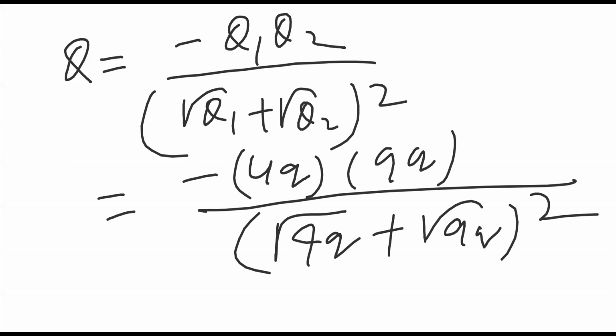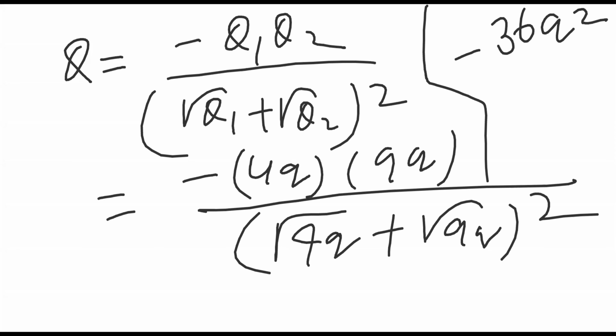So how much will it give you? Minus 36Q square divided by 2Q plus 3Q, 3 root Q.